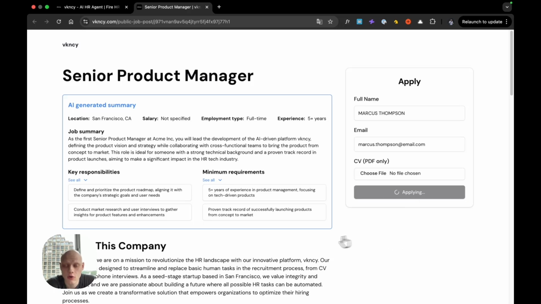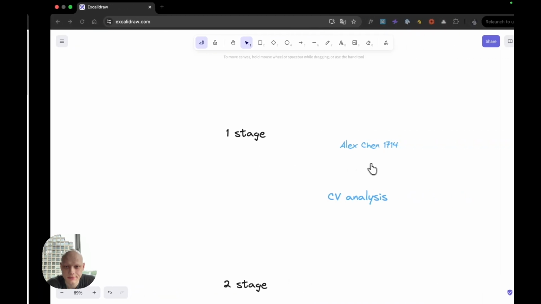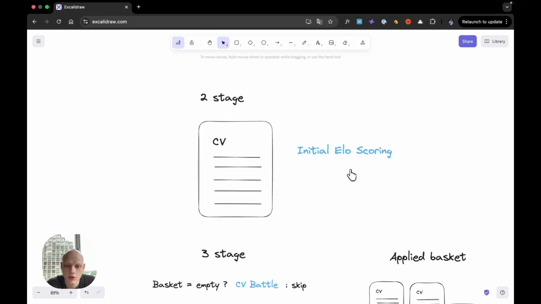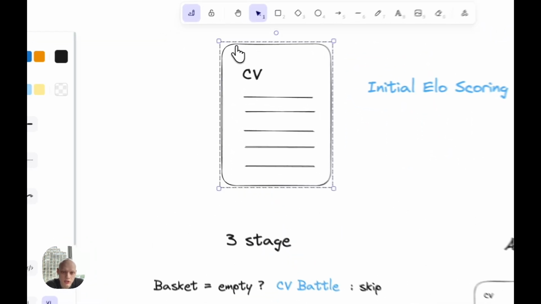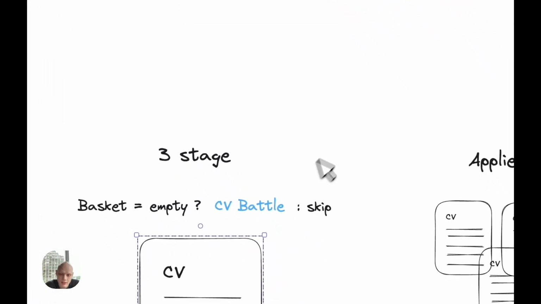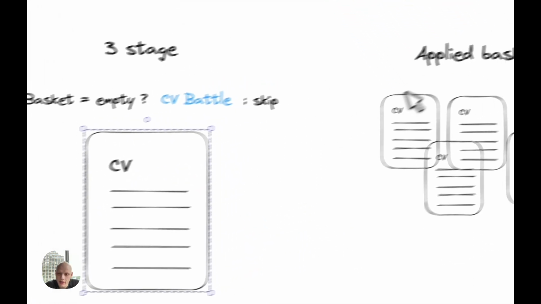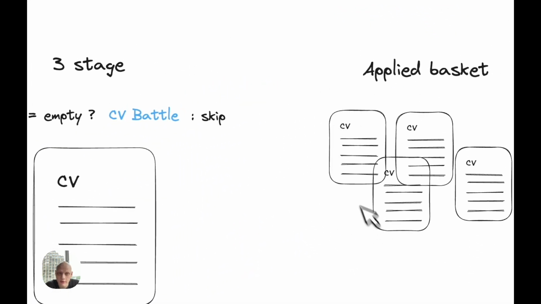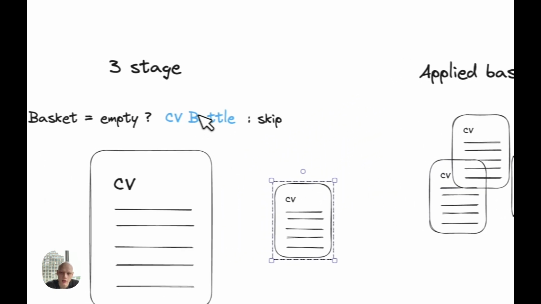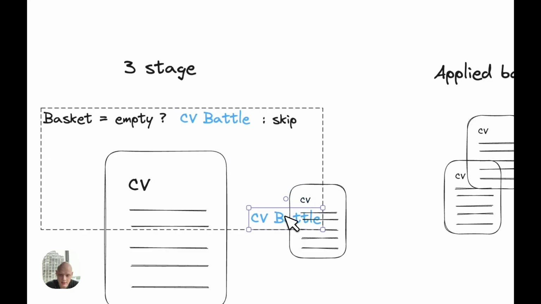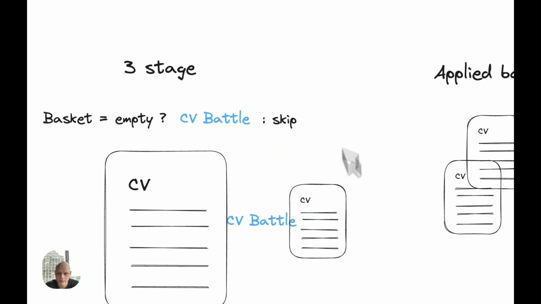So Marcus is gonna go through the same process, but now on the third stage, the basket is not empty. So Marcus moves to the third stage and he doesn't skip it. We find that in the applied basket, we have Alex Chen. We take her CV and we have a CV battle between them.